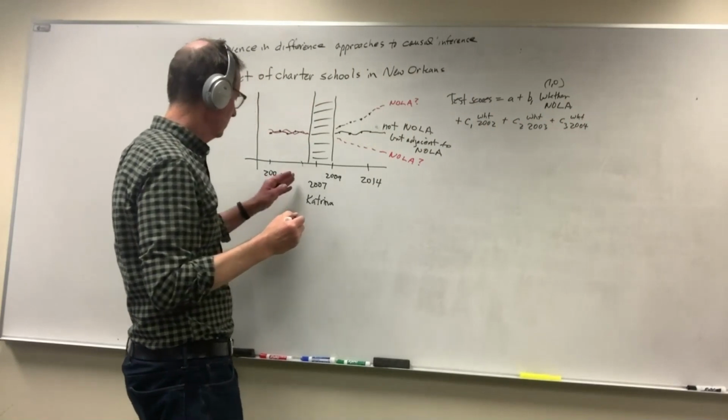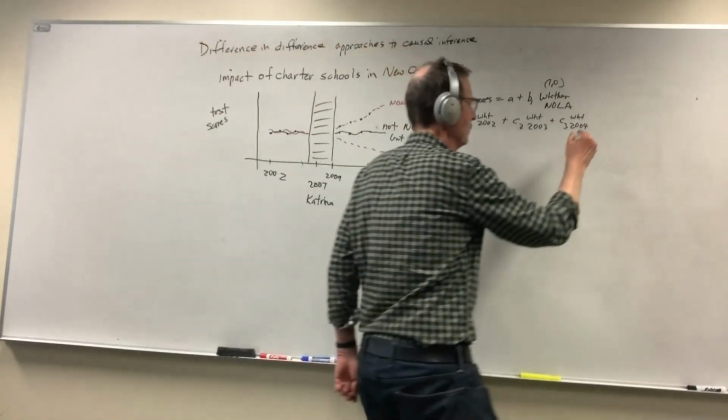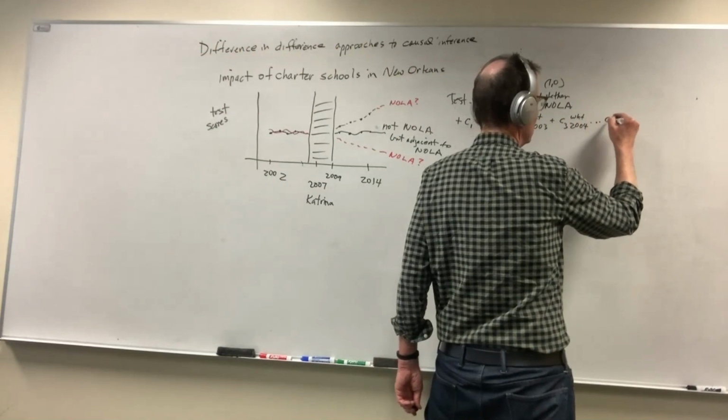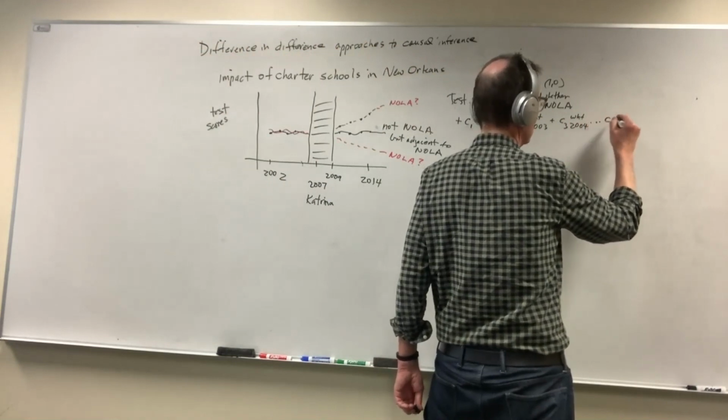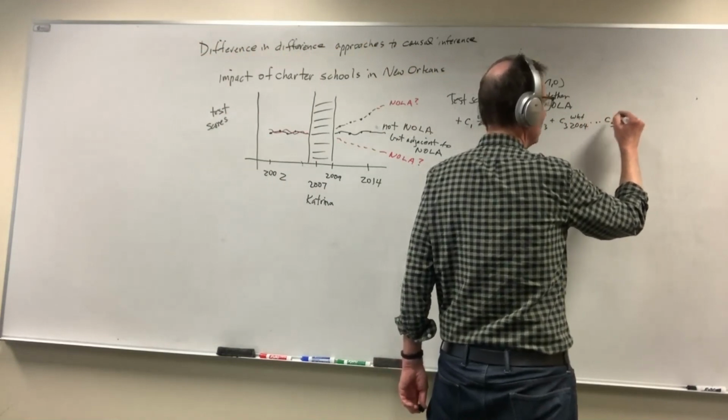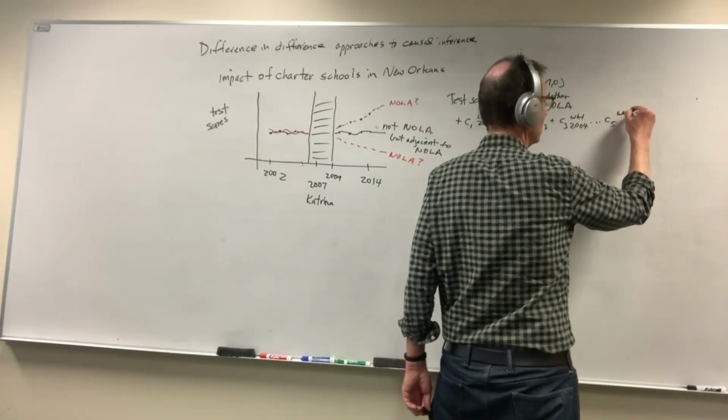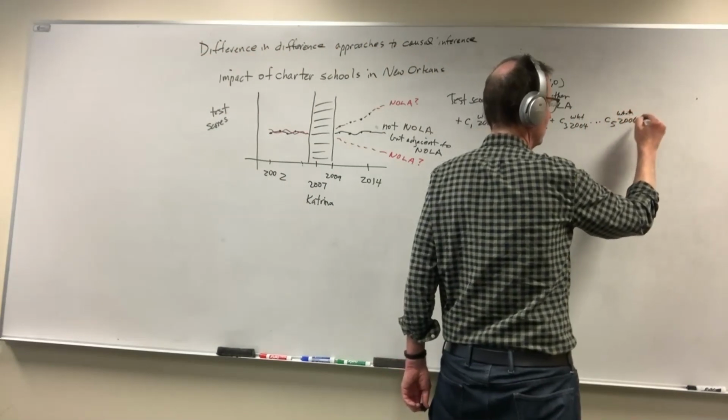And now we're going to, well, 2005, 6, 7, C5, C6 times whether 2006.